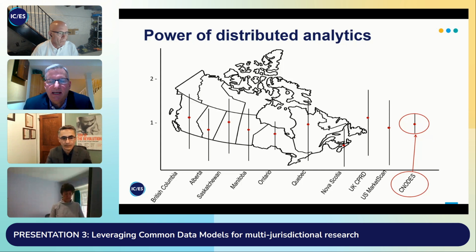Collectively, we have within these data sets over 100 million individuals. And I think that one of the key advantages of having a distributed network like this is that we're able to generate much more precise effect estimates by pooling the results across these sites than any individual site could generate. Next slide, please.